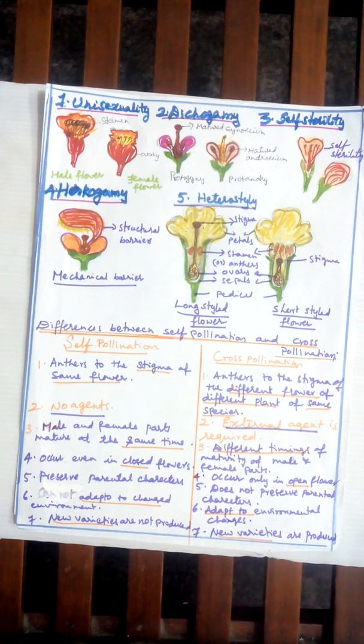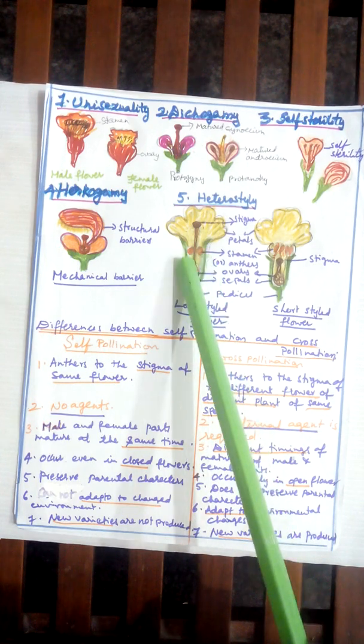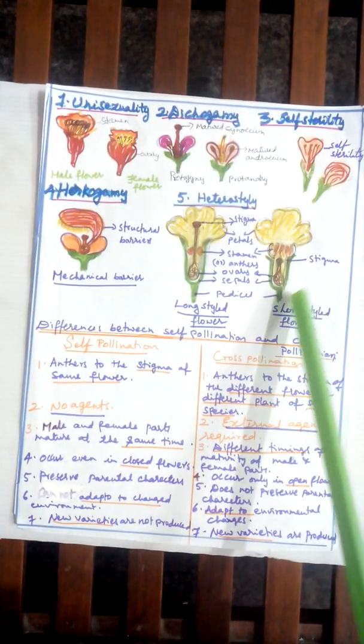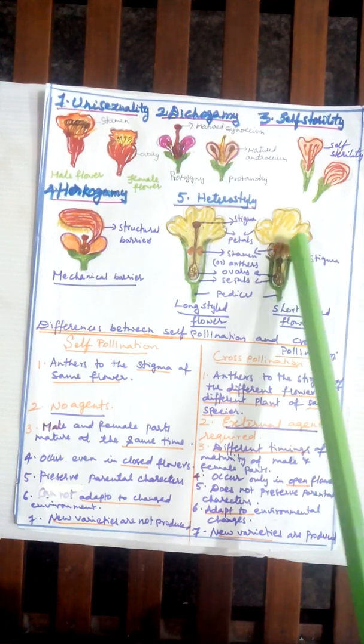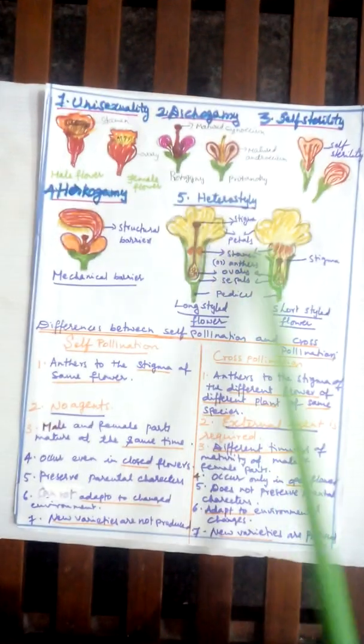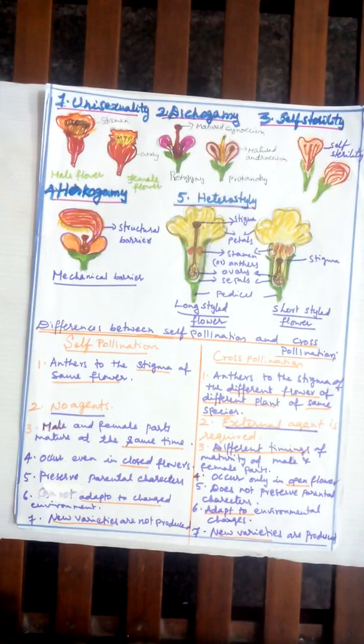Example, primrose, oxalis, etc. Here you can see in this flower, the style is very long and the androecium or stamens are here. In another flower of the same species, you will find the gynoecium very short, the stigma here, and the androecium here. Can you see? Hetero means different, different heights of the style. Got it? So primrose and oxalis are examples for heterostyly.